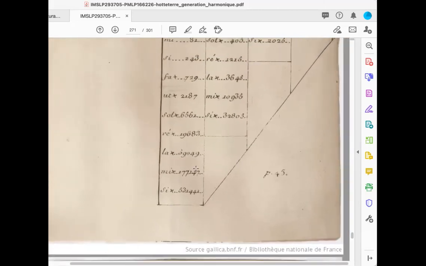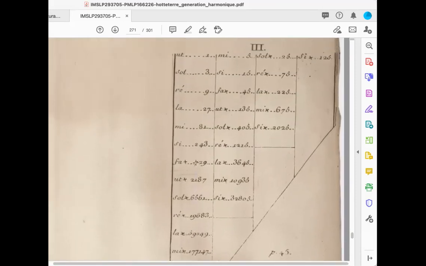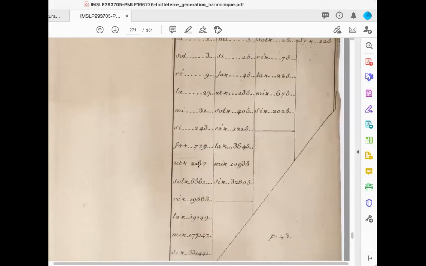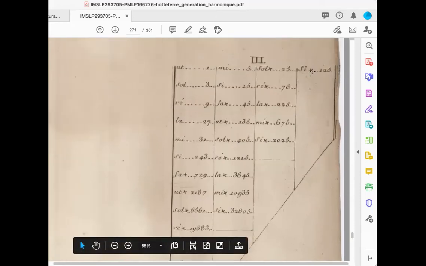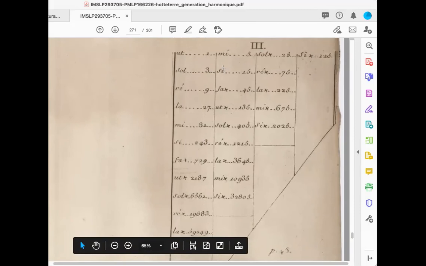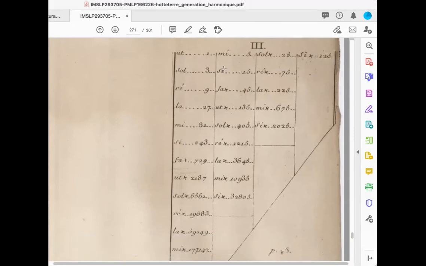Now, again, none of these are equivalent tones. This E is not the same as this E. This G sharp is not the same as this G sharp. And this B sharp is not the same as this B sharp. And that's just part of the nature of just intonation. And of course, if you want to get mathematical about it, it's a consequence of the fundamental theorem of arithmetic, which we've known about for thousands of years, namely that any number can be uniquely factored into prime numbers.